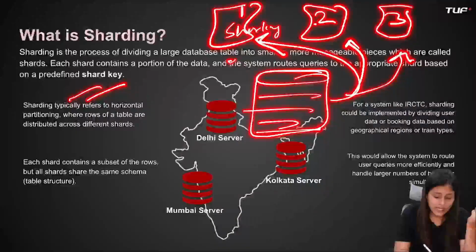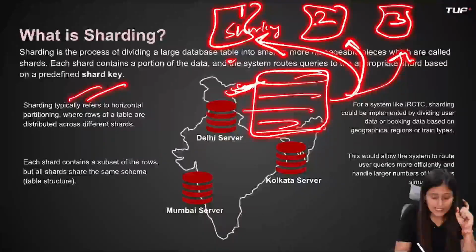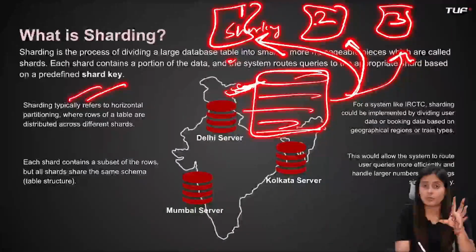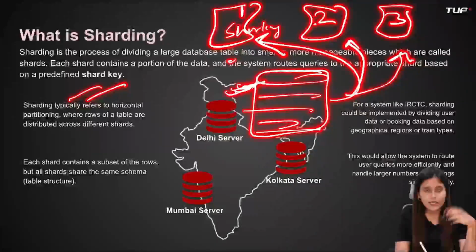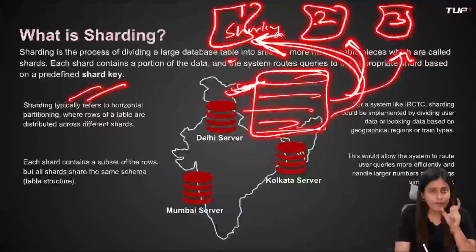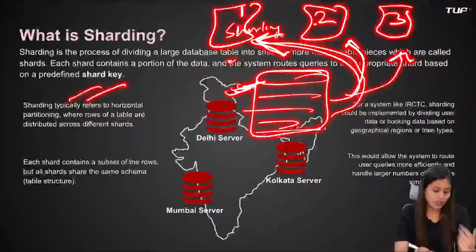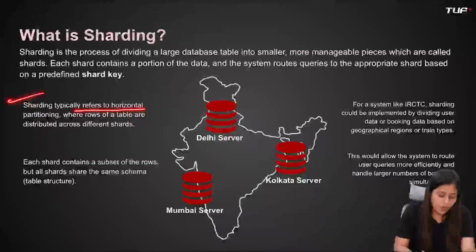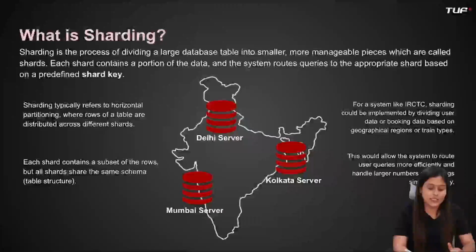Every database will have a shard key, which is nothing but a unique value. It can be a collection of unique columns, which decides to which shard the data should go. Sharding typically refers to horizontal partitioning only, where rows of a table are distributed across different shards.